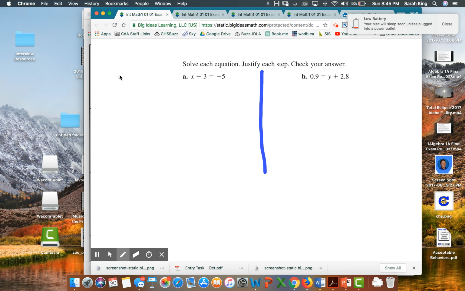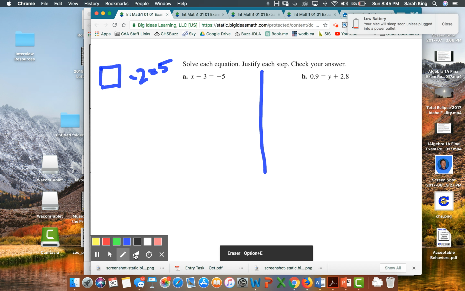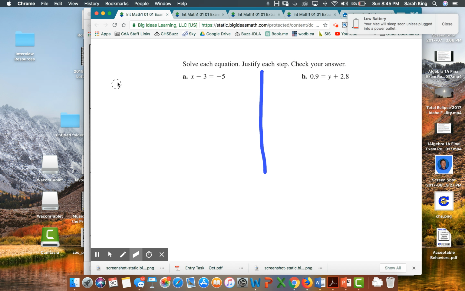We've been doing this for a while, where we have an unknown quantity in an expression, like way back in first grade, if you had a box minus 2 equals 5, what's in the box? If you took away 2 and got 5, it would have been 7, right? So let's just go ahead and solve this.